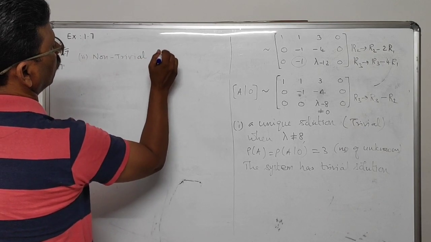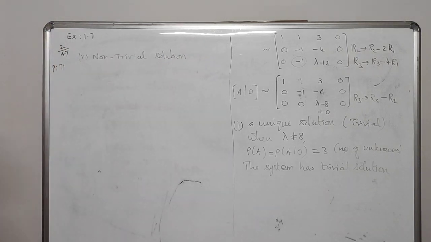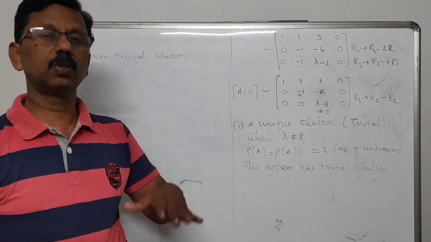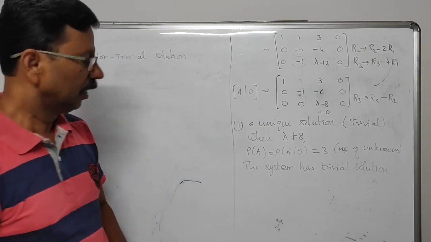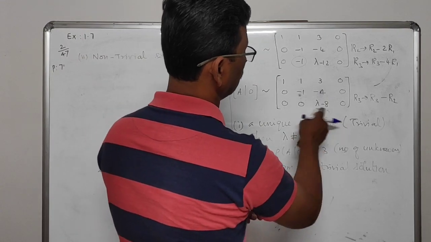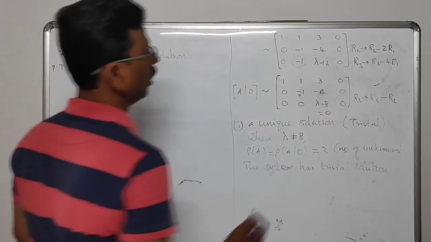Then the second part: non-trivial solution. See, non-trivial solution means, since we have three variables, rank should be less than 3, which means we make this lambda minus 8 equal to 0, that is, lambda equal to 8.